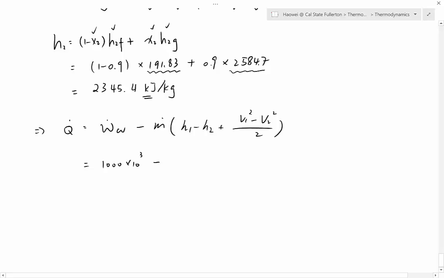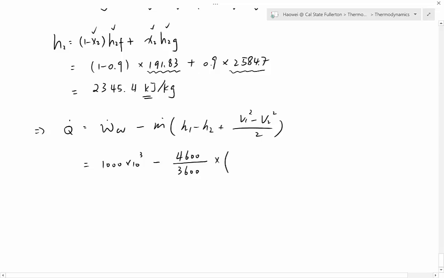Minus, what is mass flow rate? Mass flow rate is 4,600 kilogram per hour. Kilogram is SI, but hour is not SI. Per hour, I need to convert per hour to second. So divided by 3,600 seconds. So now it becomes kilogram per second after this conversion.